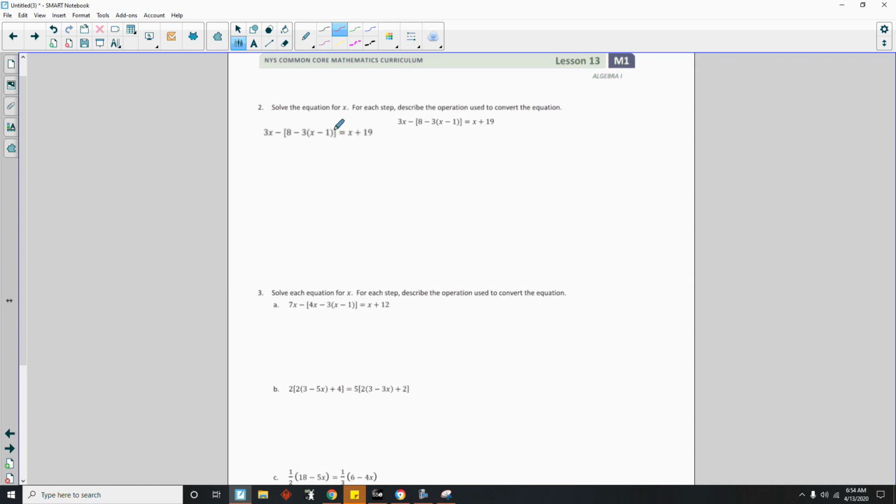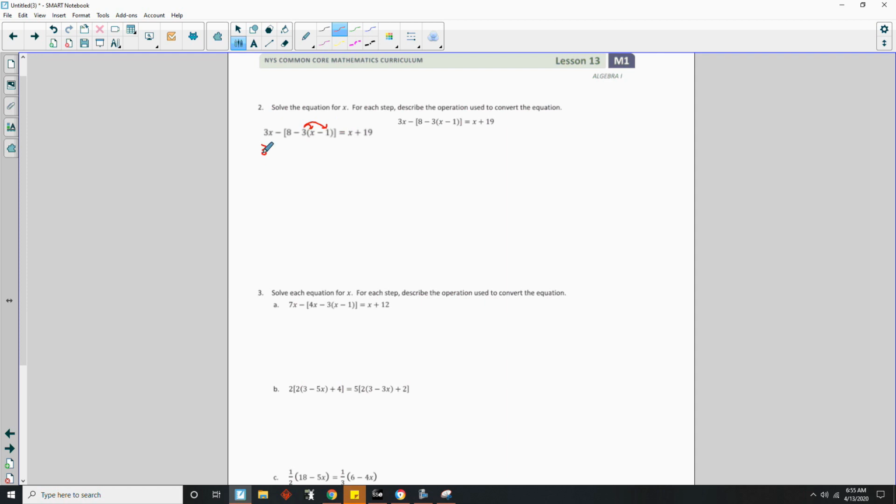You always work inside first. Okay, so I'm looking inside the bracket, and from within that I see this 3 and then multiplied by a group of parentheses here. So working the innermost, I would distribute the -3 here and here.